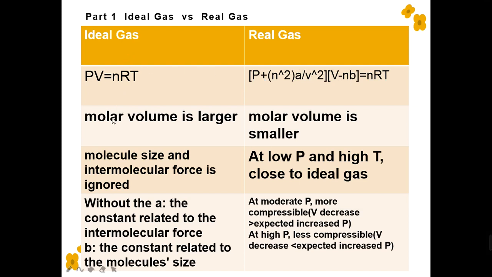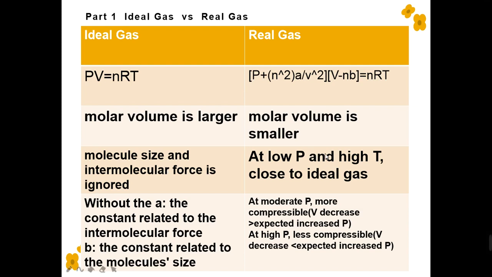In ideal gas, the molar volume is larger than in real gas. In the ideal gas law, the molecular size and intermolecular force are ignored. However, in real gas, these two elements are important and are considered.